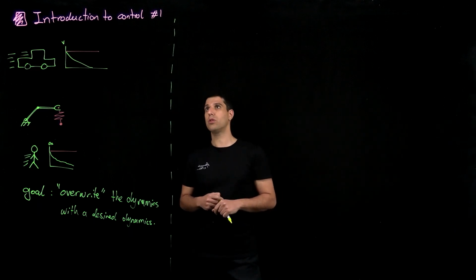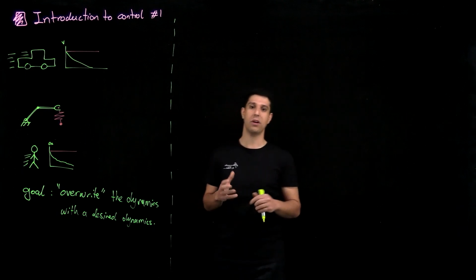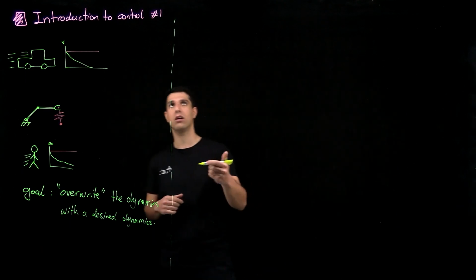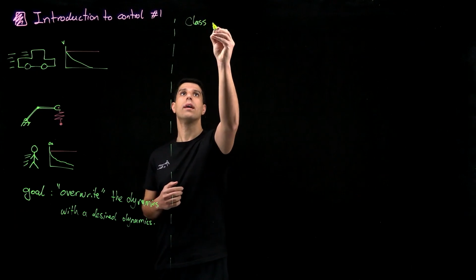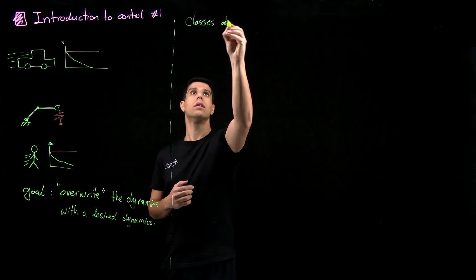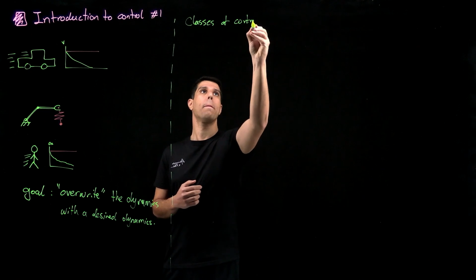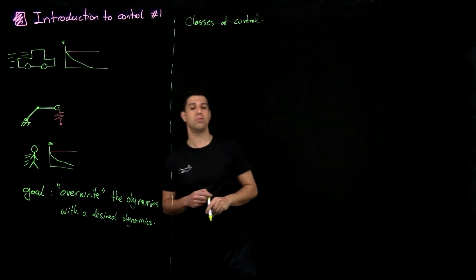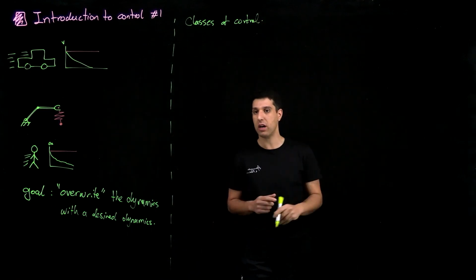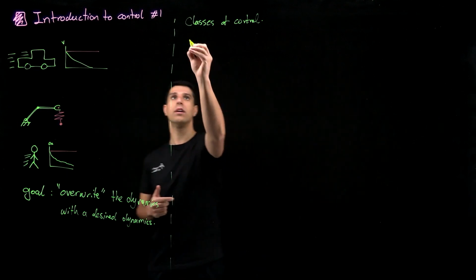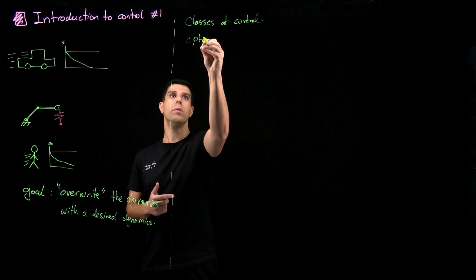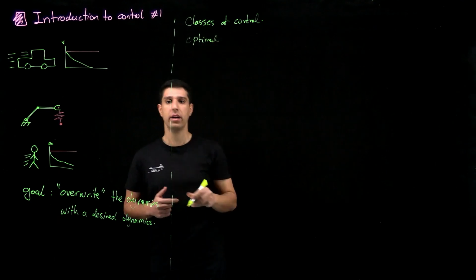When we're talking about control, control is not one thing. There are many different classes of control, and you may or may not have heard some of them. So we can have optimal control, which I'm a big fan of.